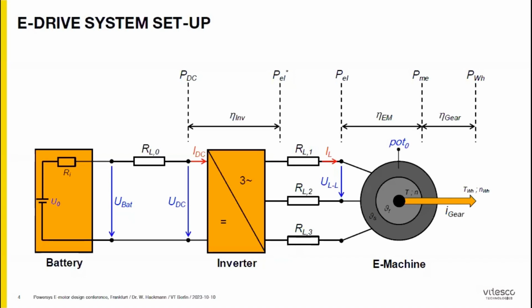And the whole system is fed by a battery. Normally, we then also have a mechanical transmission, a gearbox to the wheels. But it's clear our focus is on the drive system, the combination of three-phase inverter and electrical machine.